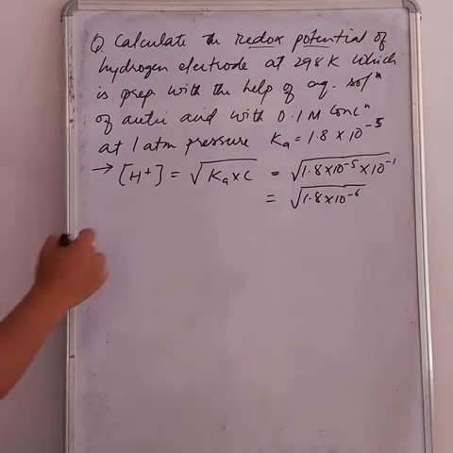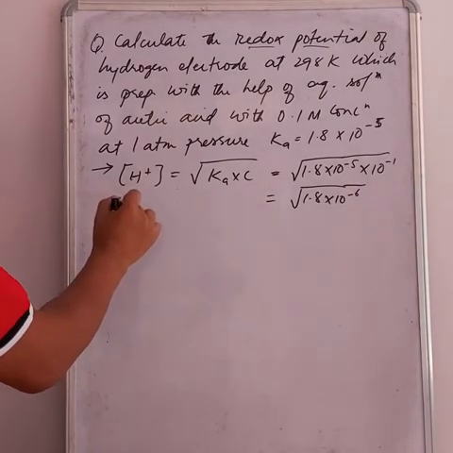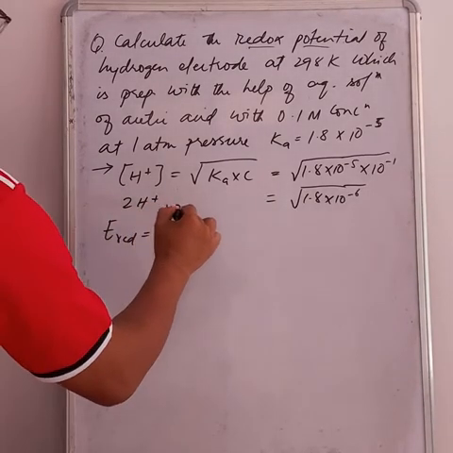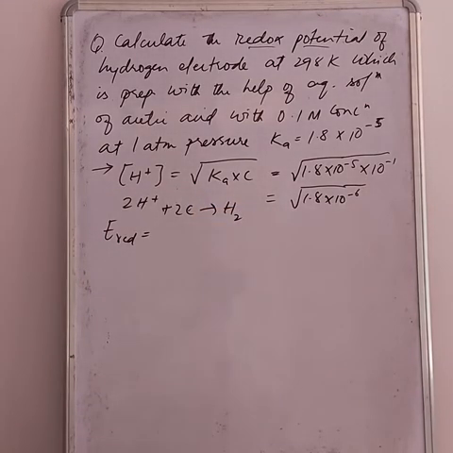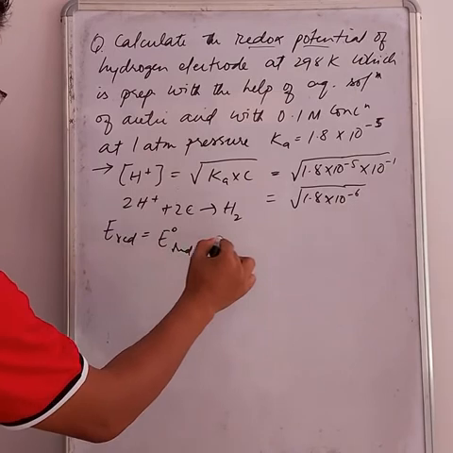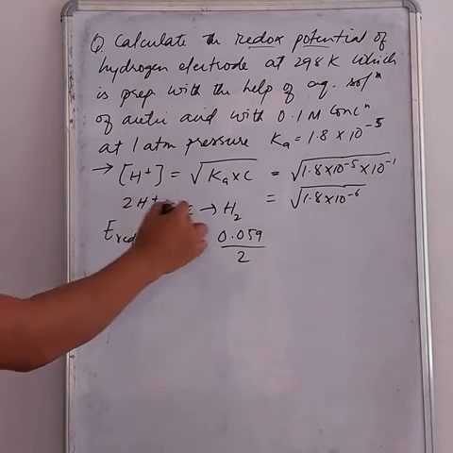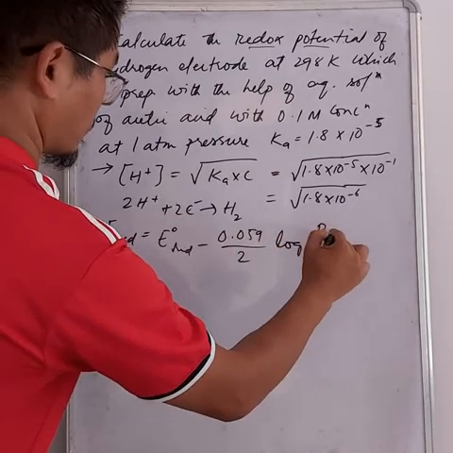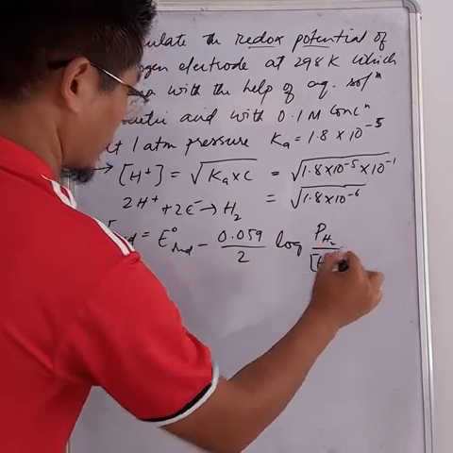So the reduction potential is nothing but, since the reaction is involving 2 electrons, the standard reduction potential minus 0.059 over 2, because we have 2 electron transfer, and the log of the pressure over the hydronium ion concentration squared.